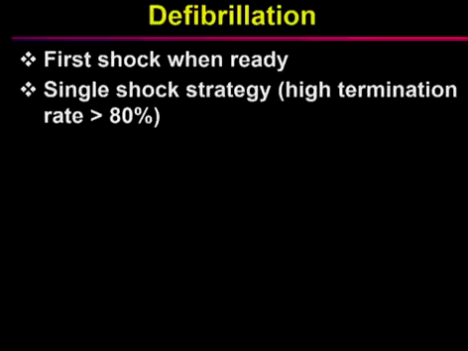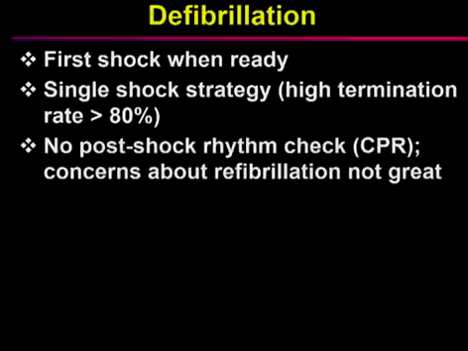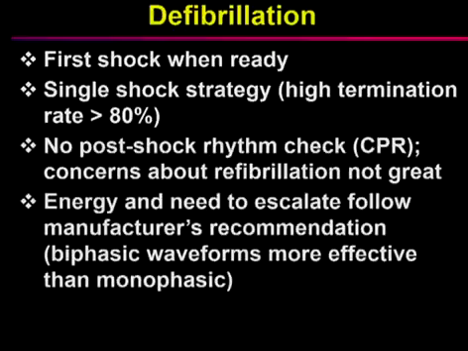This is what the new guidelines recommend in terms of the way to deliver a shock. I might not really spend much time here because of time constraint, but it's important, the concept that early defibrillation works. And in terms of energy, you have to go with the manufacturer. There was a time in which we were very concerned about the toxicity associated with energy of the defibrillator shock.